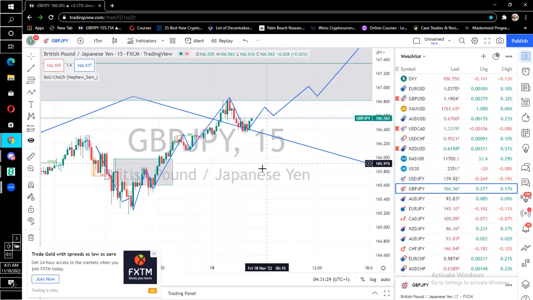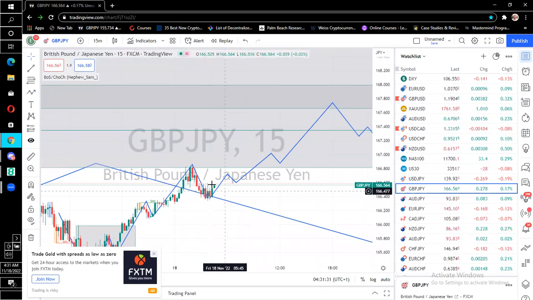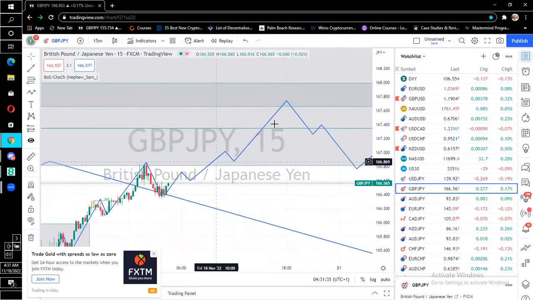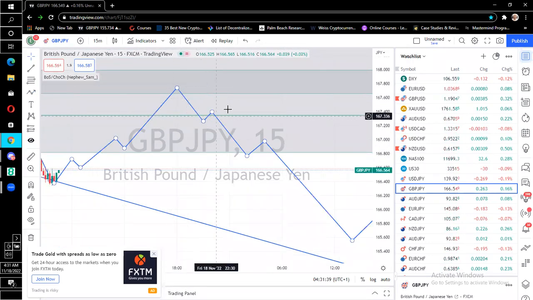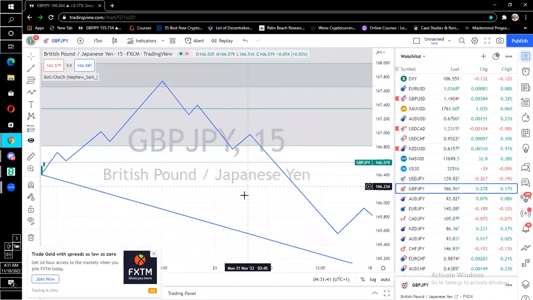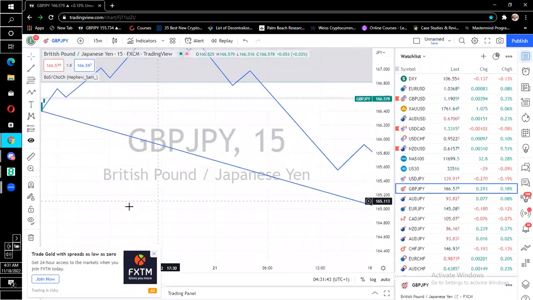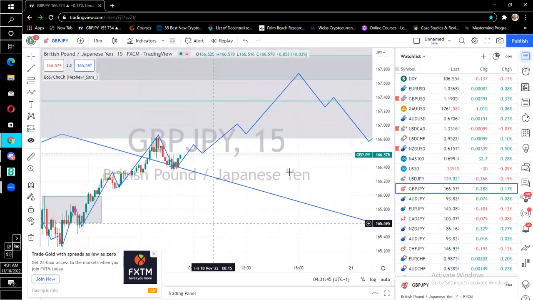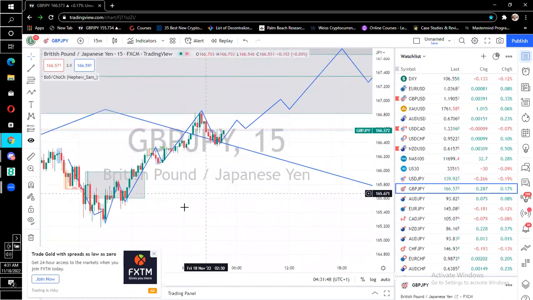So what are we expecting? We're expecting a third push. Okay, we're expecting a third push, and the third push will likely hit this level. Then we'll have our M. Then we'll begin to look for A1, A2, then W. All right. So that is what we are actually expecting to see.